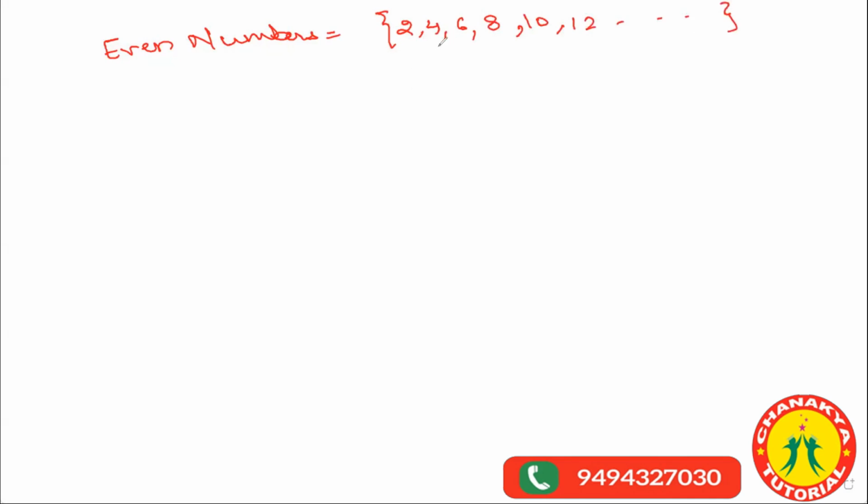Clear? Now children see, when we are representing any sets, you have to write each object separated by commas. And each element, 2 is your element, or you can say object, or member.